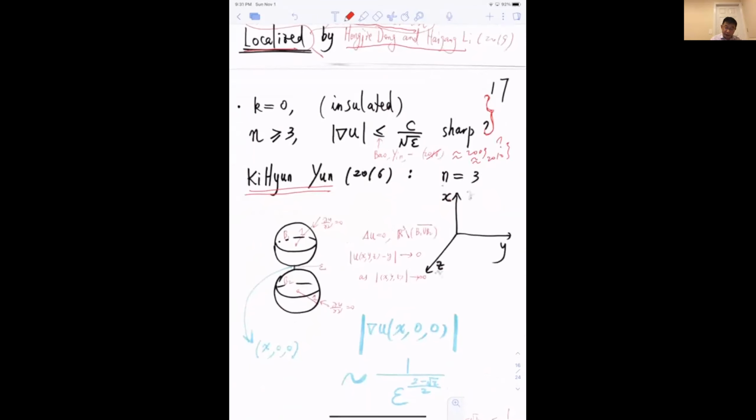He looked at the n equal to 3 case, wanting to answer this question: is it really sharp? So he looked at this n equal to 3 case in R3. So put a unit ball here. This is a unit ball, and B2 is also a unit ball, with epsilon distance.